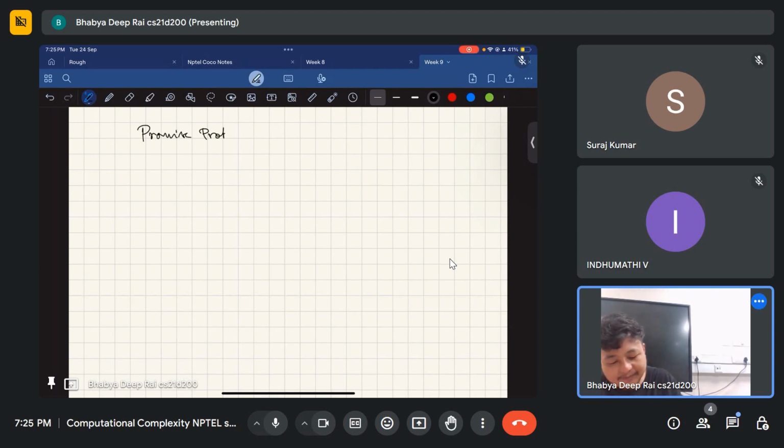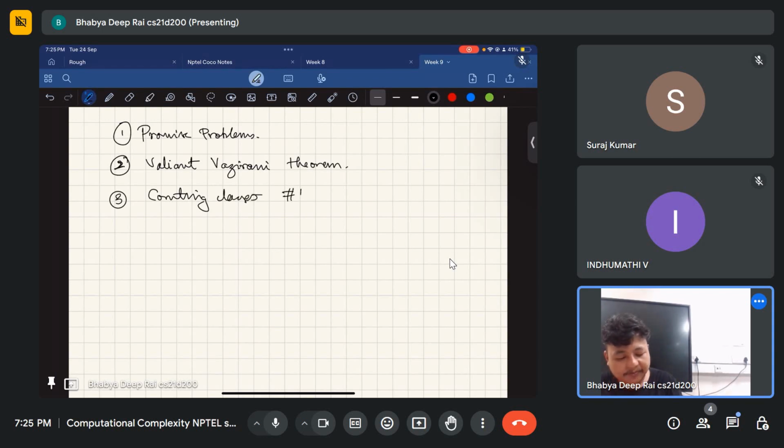This time we also covered in the lectures the Valiant-Vazirani theorem, counting classes like sharp P, and finally Toda's theorem is not this time. So: promise problems, Valiant-Vazirani theorem, counting classes sharp P, and this fact that permanent is sharp P complete.